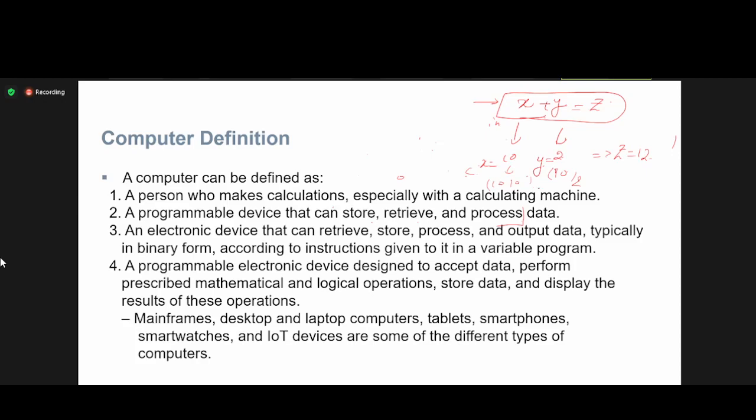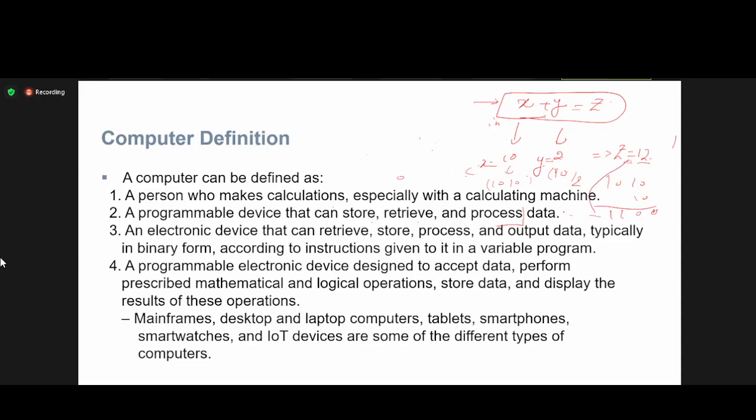Then it adds them in binary addition and gives you the result, which is 1100, correct? So that is what it provides.